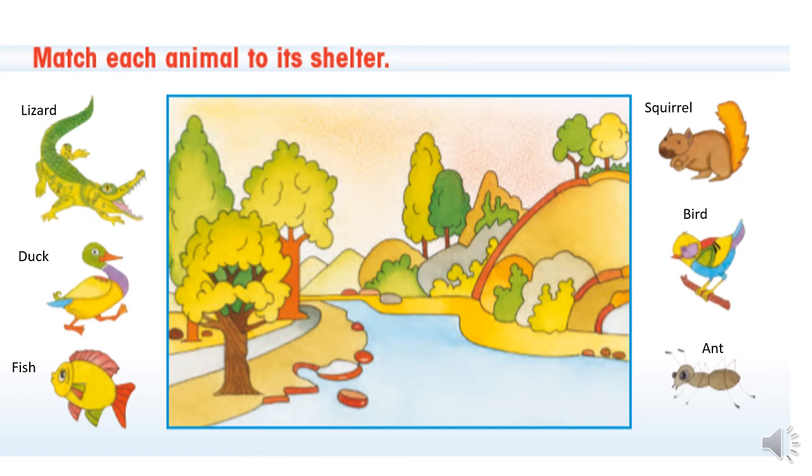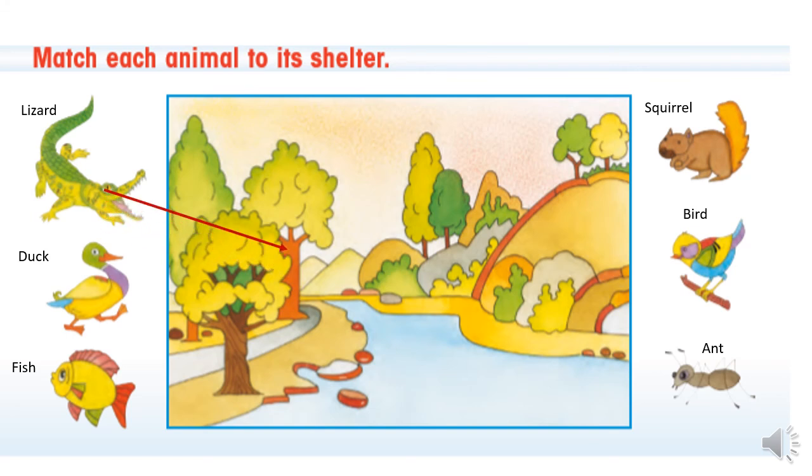First, we will start with the lizard. Where do you see the lizard? Can you see it on the water? Or I can see it on the tree, on the walls. But here we have a garden or forest. So we don't have walls, we have trees. Excellent.